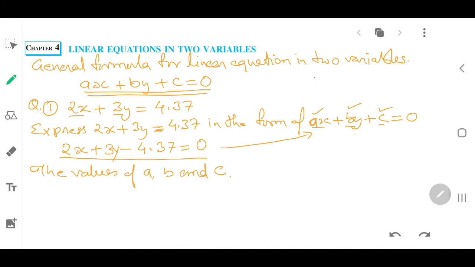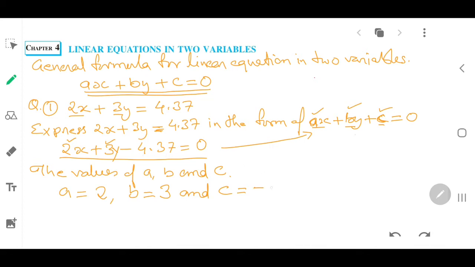Now here a is what? The number 2. So you can write a is equal to 2. Then what is b given here? b will be 3. So in the place of b you write here 3. And you have to write the value of c. C is what? The constant value. So in this case you can see minus 4.37.